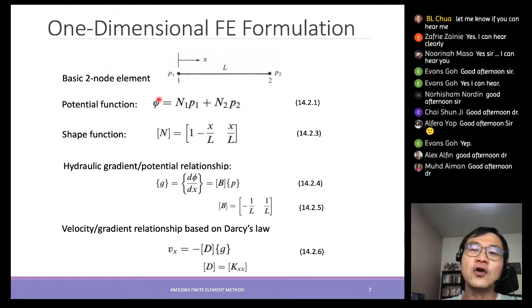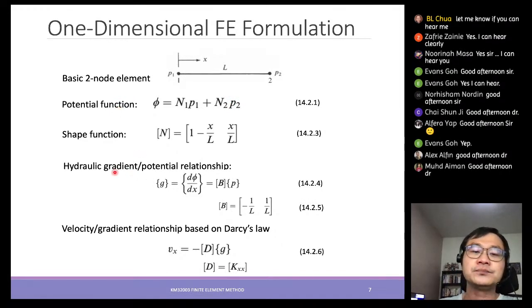Same thing for the fluid. Since this is a fluid, we will use potential functions here. From these potential functions we can get the shape functions, similar. So basically the formulations for a two-node element can be applied. The only change is the parameter that you assign into it, the N1 and N2 values, according to the potential functions.